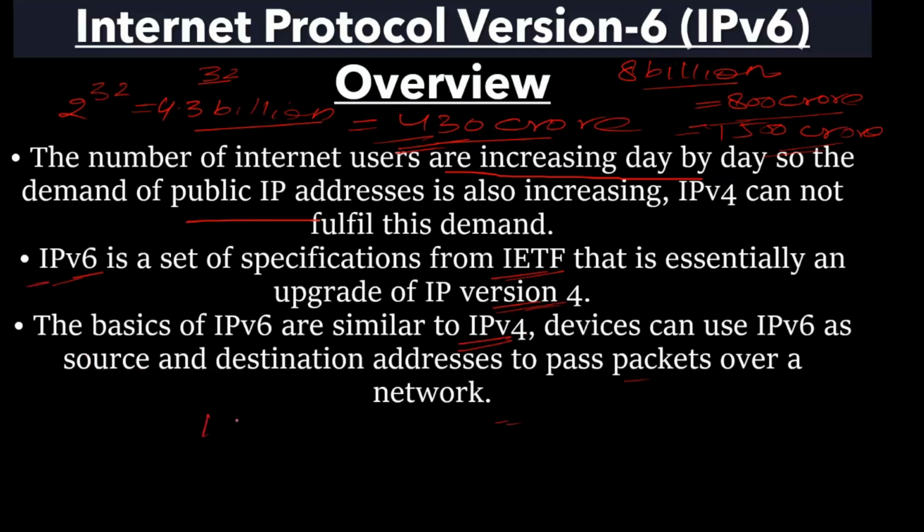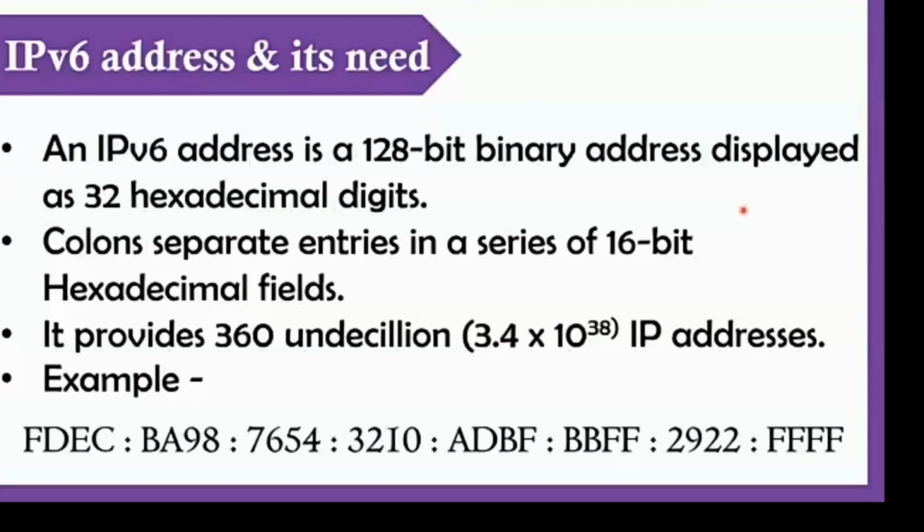First thing is, in IP version 6 we have 128. We can say an IP version 6 address is a 128-bit binary address and it is displayed in 32 hexadecimal digits. In this example, this is the IP version 6 address.